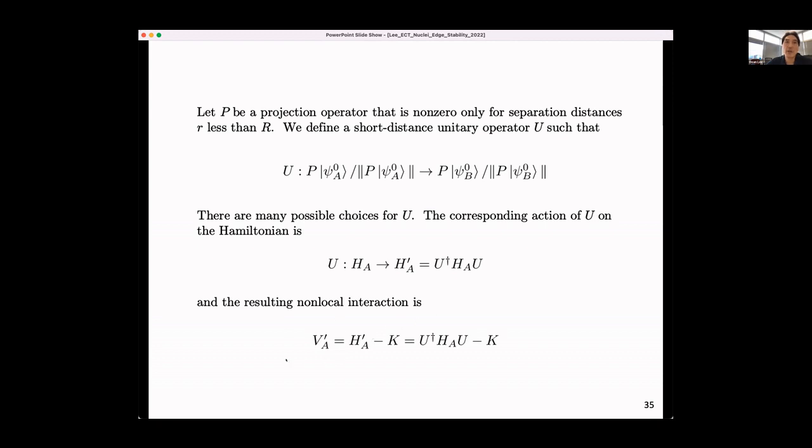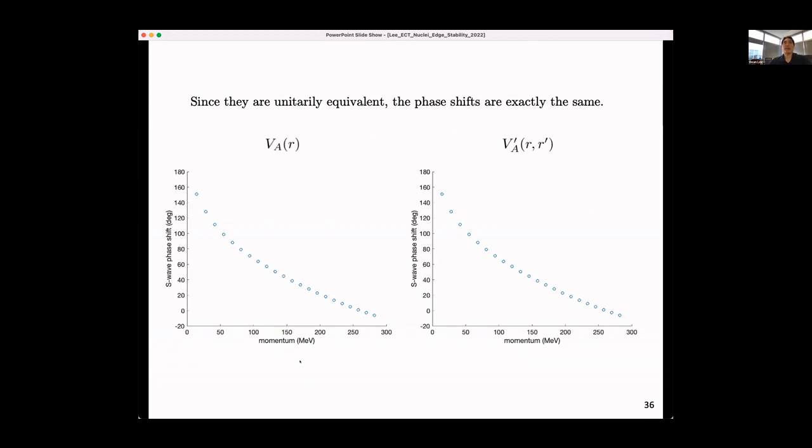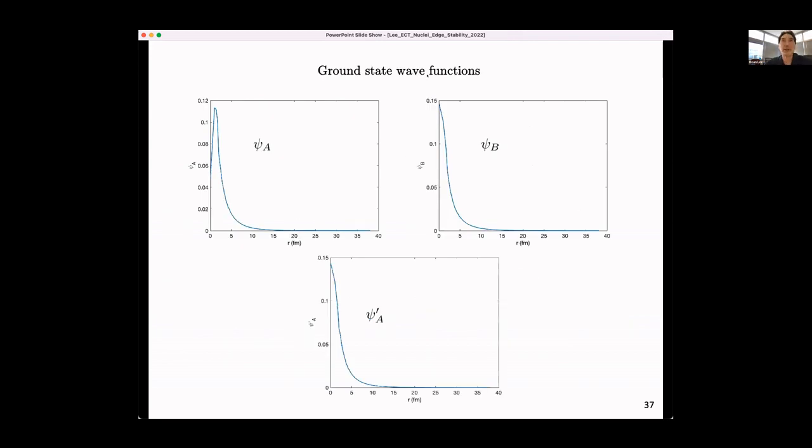So that gives us a new interaction VA prime. So now I can compare the phase shifts for VA and VA prime, and they're exactly the same because it's just a unitary transformation that connects the two. So VA prime has the same repulsive interaction at high momenta. Okay, but now what we can do is look at the ground state wave functions. What has happened to my ground state wave function? Here is a high fidelity Hamiltonian that was difficult for us.